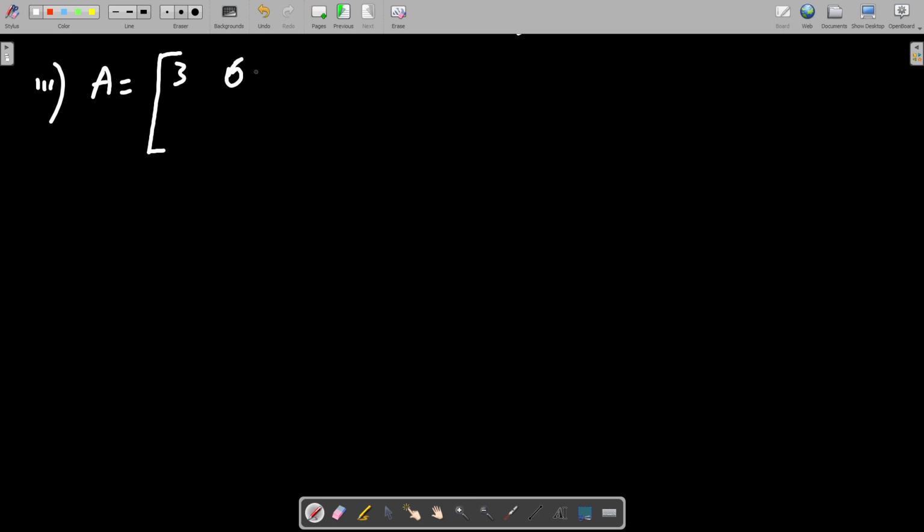Okay, 3, 6, 1, 2, 1, 3, 3, 4. Okay, and this is 0, this is 0. On this I'll take it as 0 then. Okay, this I've taken as 6. This is 6 and this is 0. Okay, so let us try to calculate the determinant of this matrix.